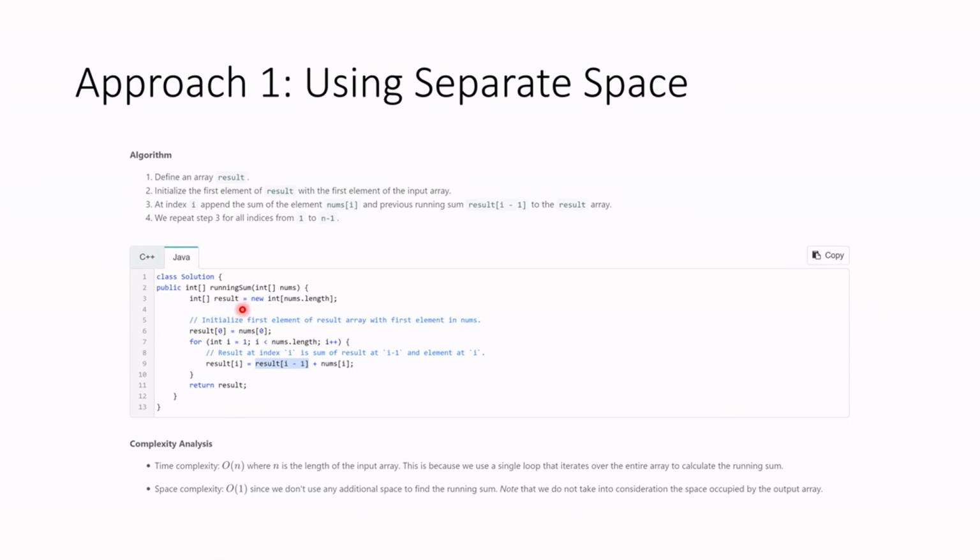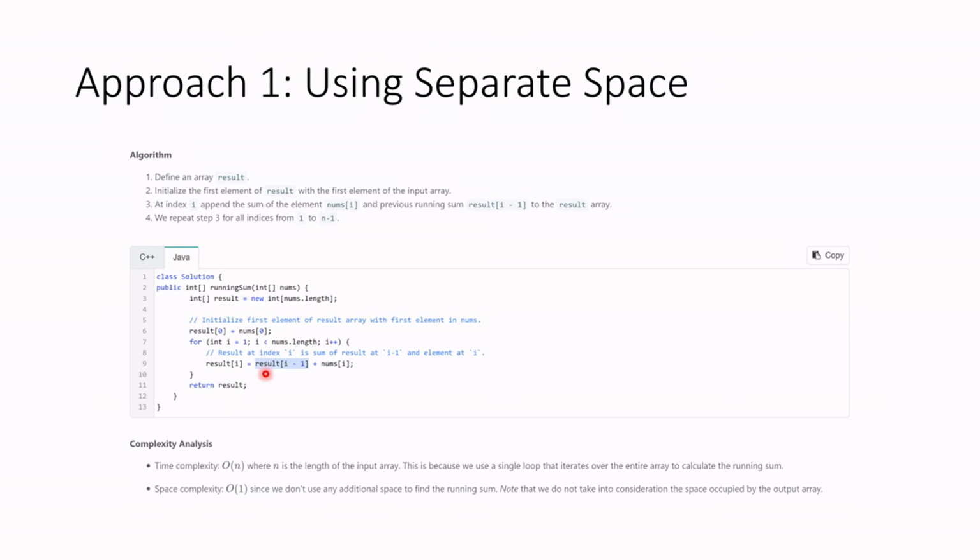So we have to define an array called result, and the length of the array will be the length of nums. Then we will initialize the index 0 value of result equal to nums of 0, because we are just using the same value.